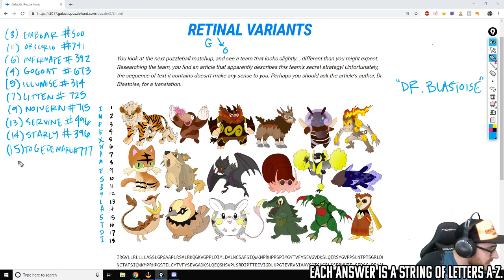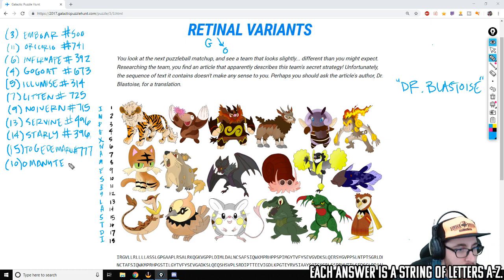Okay, so after the 7, we need to go to 8. And 8, we have 3 8s. We have Omanite, one of the originals. Omanite is number 10. Then we have Totodile, which is number 16.